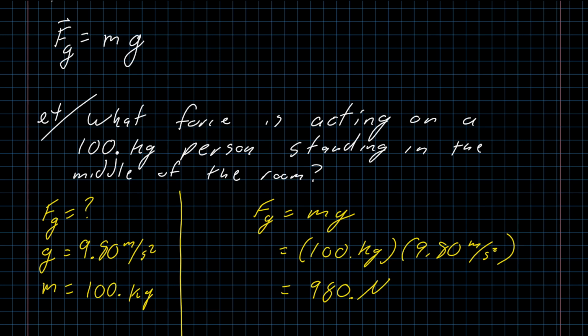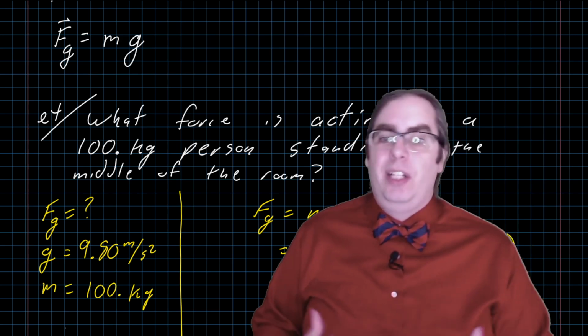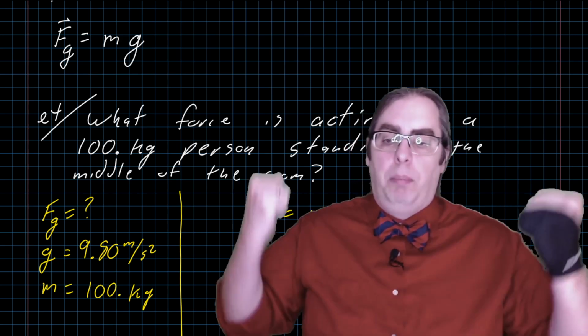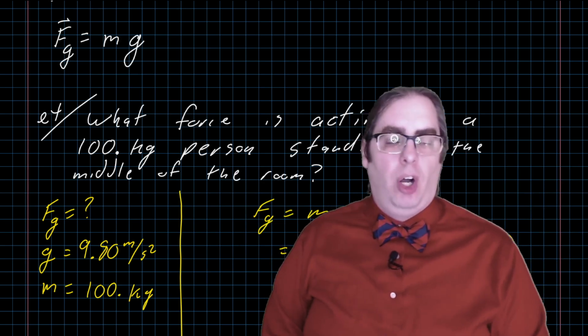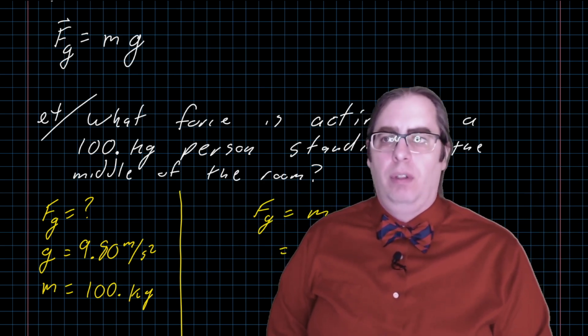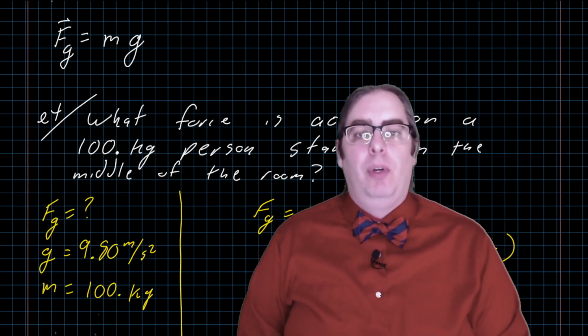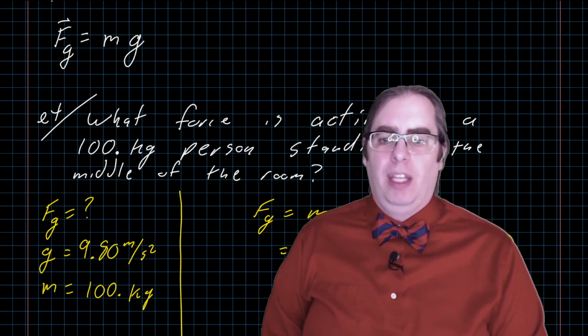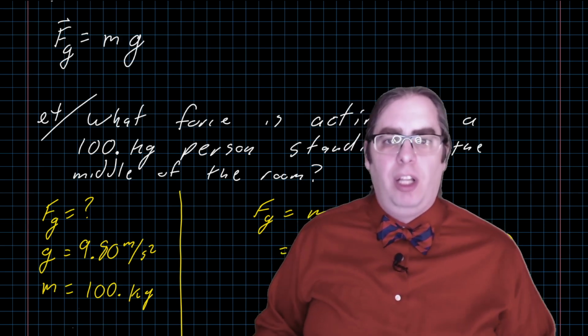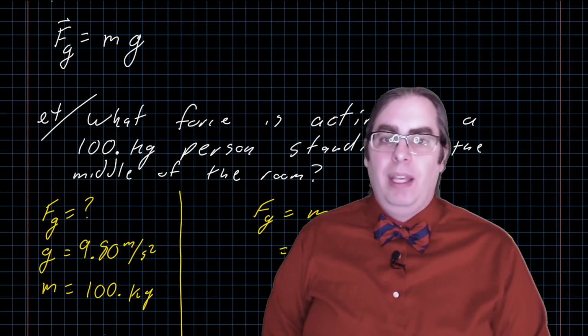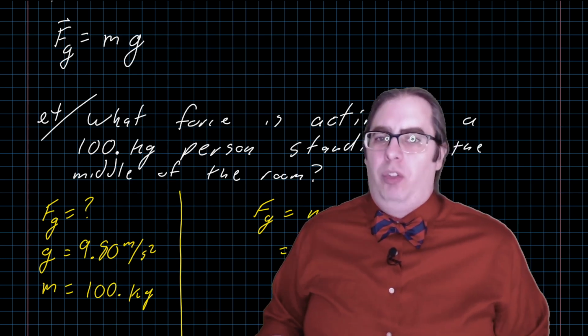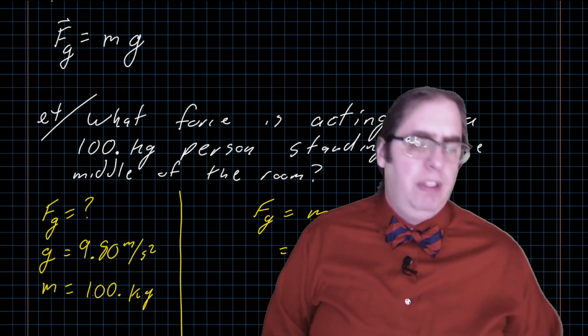There's a natural follow-up to this question that you may or may not have thought of previously. If there are 980 newtons of force pulling us down onto the surface, if we are accelerating downward at 9.80 meters per square second, why are we not falling? The answer is at once obvious and kind of difficult.